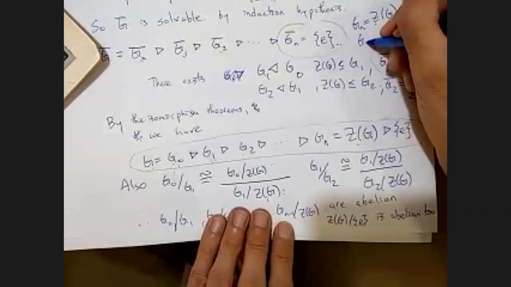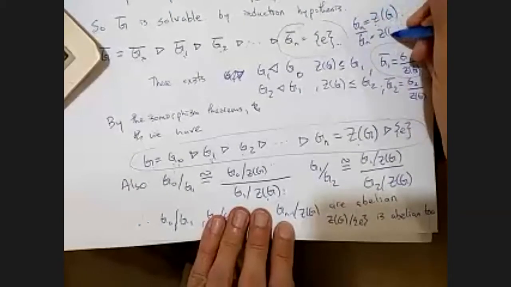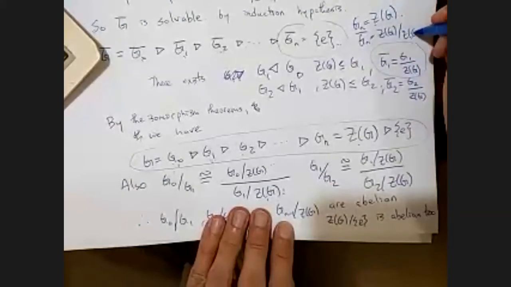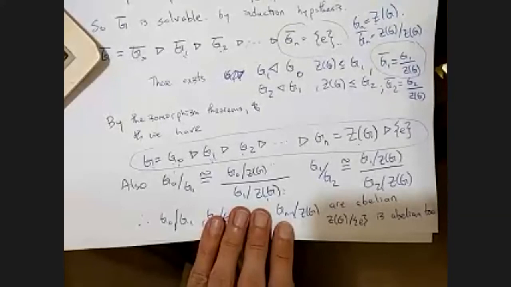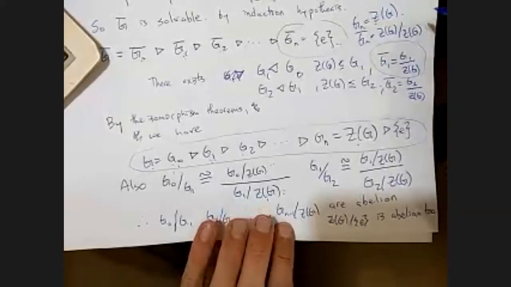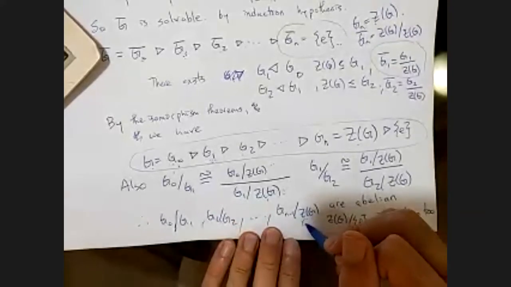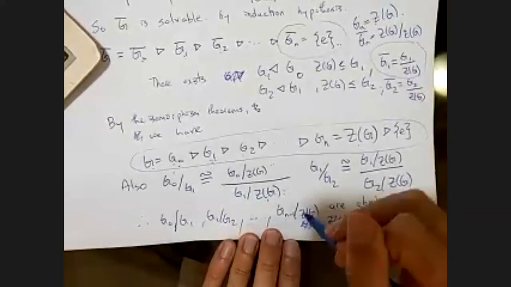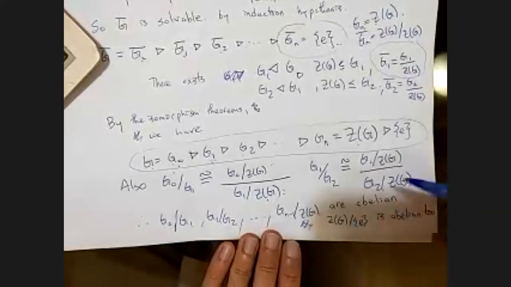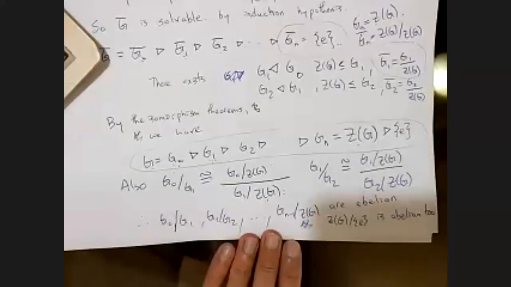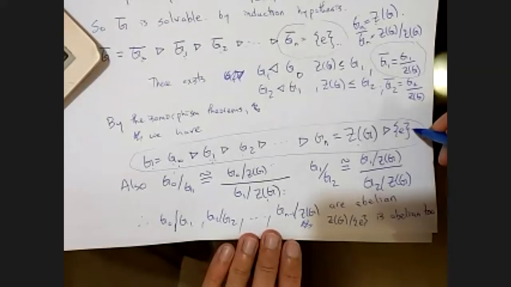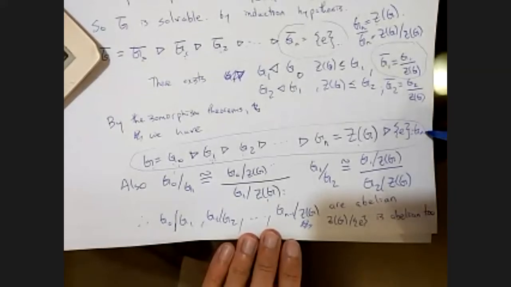So Gn bar is just the center of G, the trivial group. So the center is also just Gn, and here we just take this to be Gn plus 1, I guess.